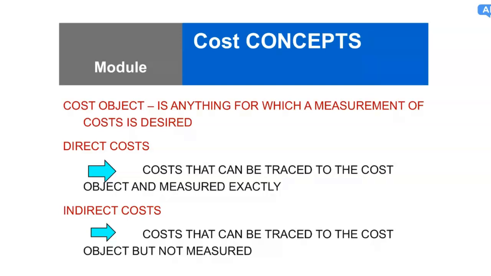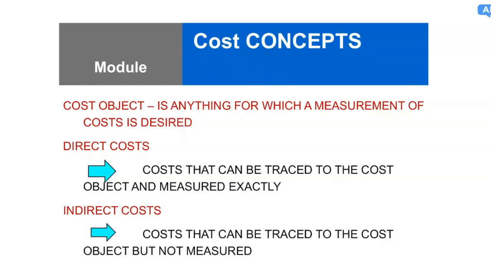The cost object can be anything. As I said in my video, it could be a kilometer of highway, it could be a room at the Rotana. I want the cost to pave a highway, just a kilometer of it. I'm going to accumulate the costs.